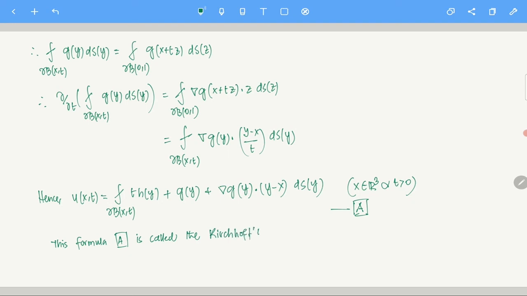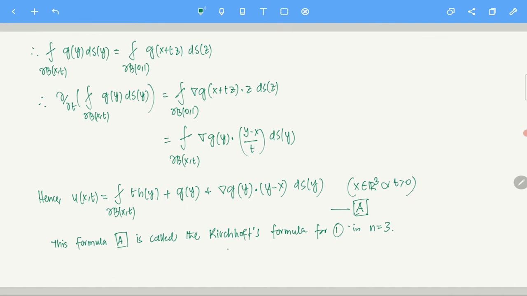I am not quite sure about the spelling of Kirchhoff by heart. I hope that's the spelling. Kirchhoff's formula for n equals 3. Clear? So for n equals 3, this is the formula.